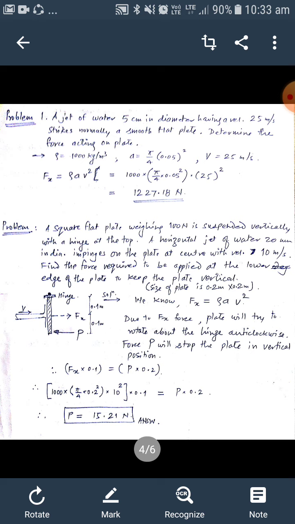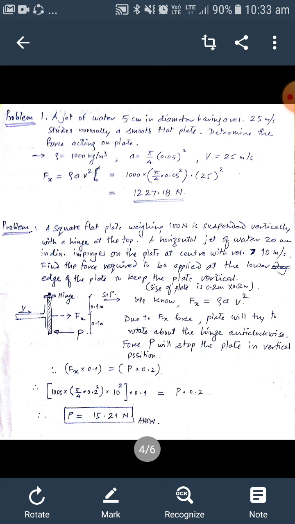A horizontal jet of water 20 mm diameter impinges, that is impacts, on the plate at center with velocity 10 meter per second. Find the force required to be applied at the lower edge of the plate to keep the plate vertical. The size of the plate is also given. It is 20 centimeter by 20 centimeter, that is 0.2 meter by 0.2 meter.